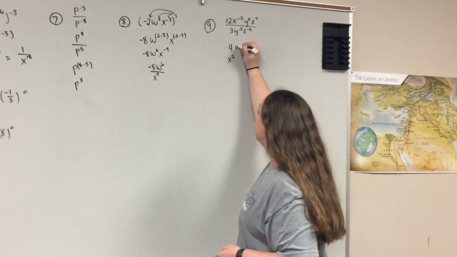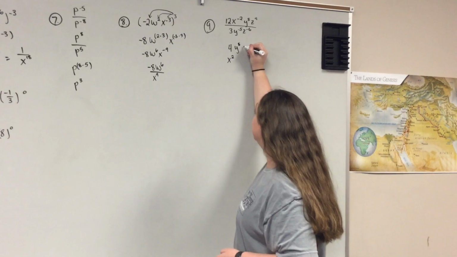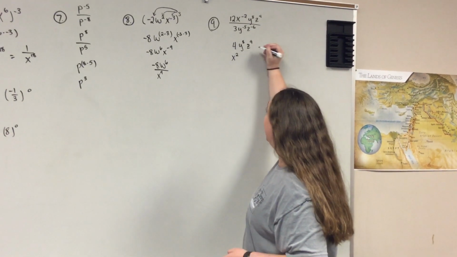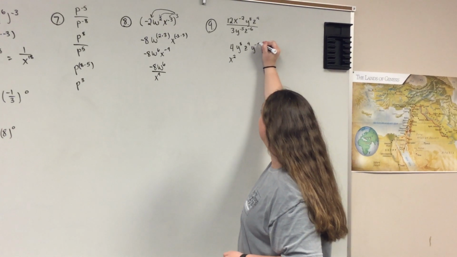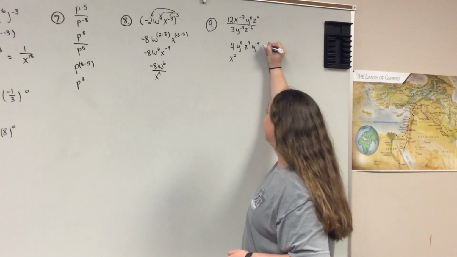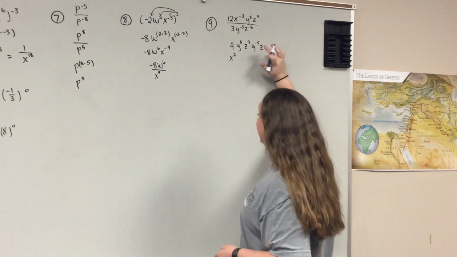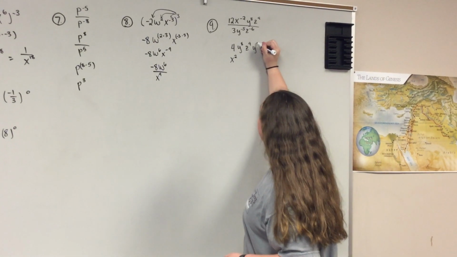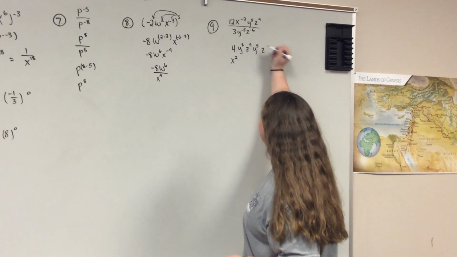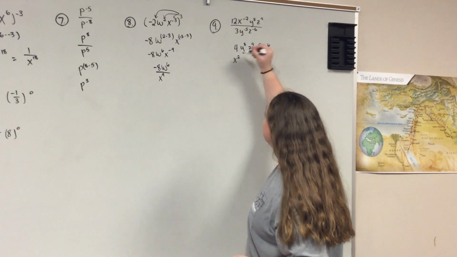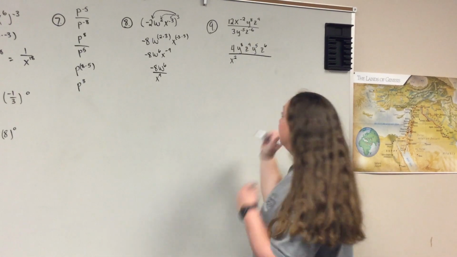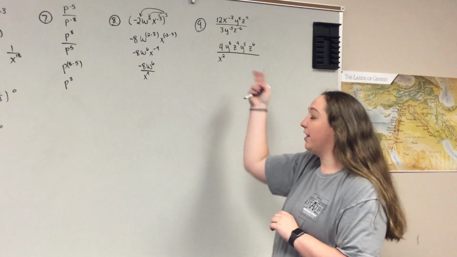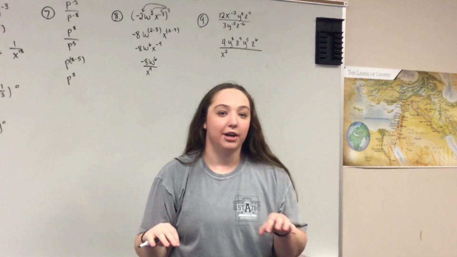Y to the 8th can stay up here. Z to the 9th power can stay up here. Y to the negative 5th needs to go up here into the numerator, and it's going to be positive because I put it in the numerator. So that is y to the 5th. And then z to the negative 6 needs to go up here to be positive as well. So now we have our variables on the top and bottom, and they're going to stay that way because they're positive.